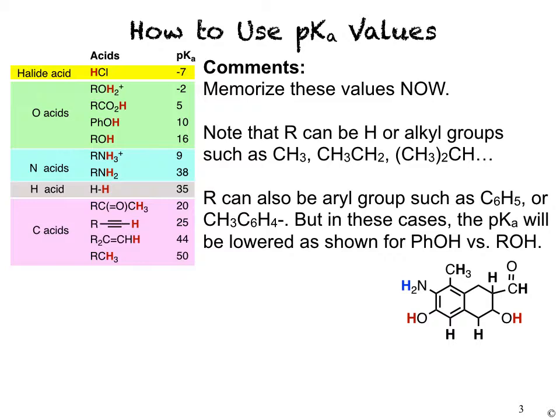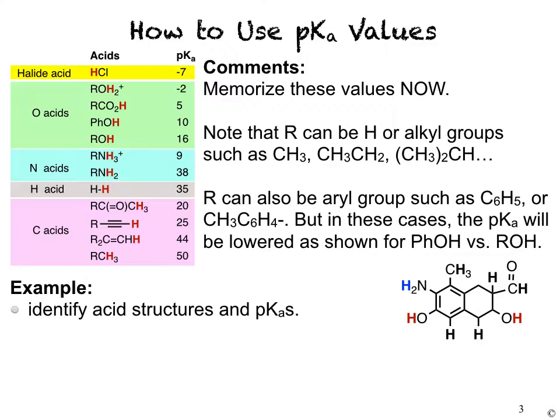Phenyl rings are really unique in this regard. Notice, for example, that the pKa of PhOH in the table is 10, whereas ROH is 16. So there's a big difference imparted because we have a phenyl rather than an alkyl group there. So let's go to an example.